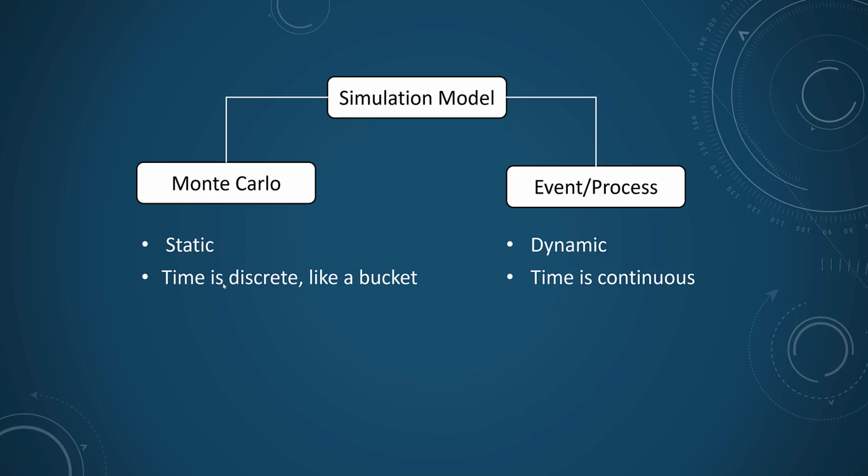So you define a particular time bucket, and then you simulate what will happen within the constraints of that time bucket. Whereas in event simulation or process simulation, time is continuous. You observe the system over time and then see what changes take place in the system.